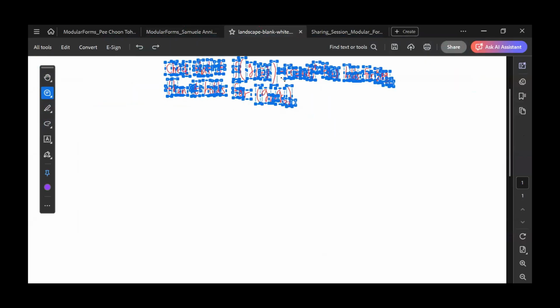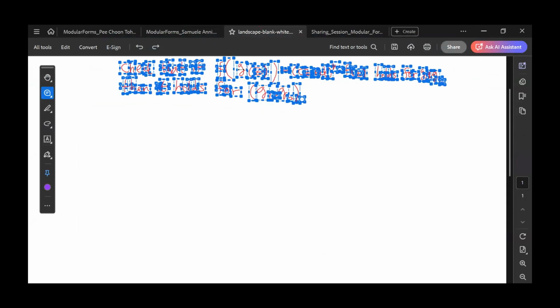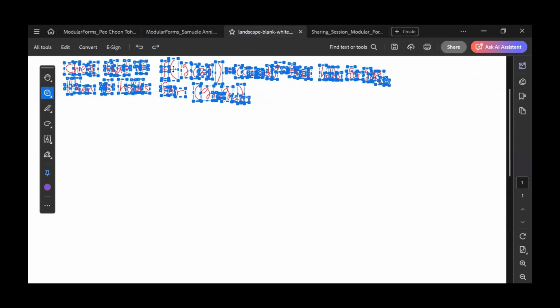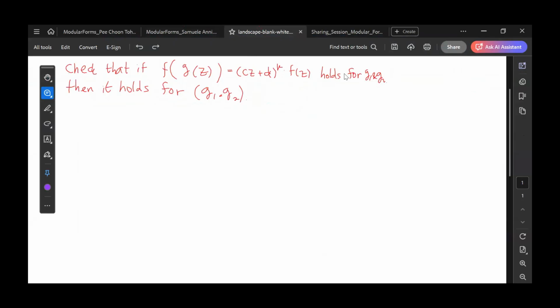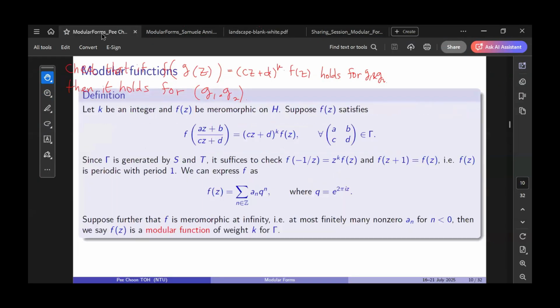Actually, we should first prove this one before we can proceed. Before, we said that since gamma is generated by S and T, we can just check these two.